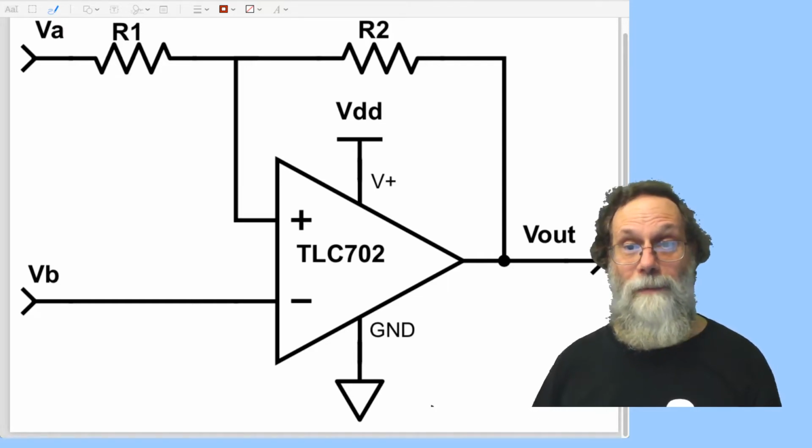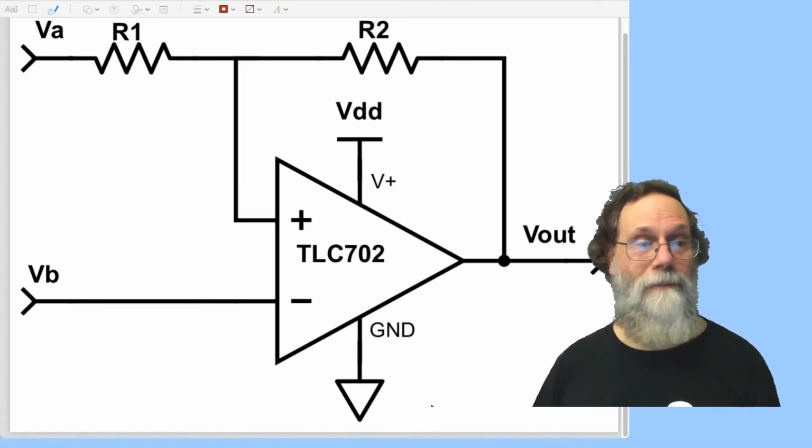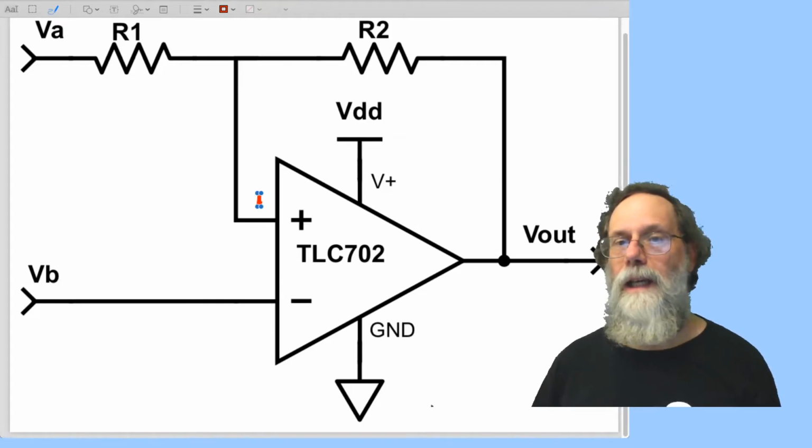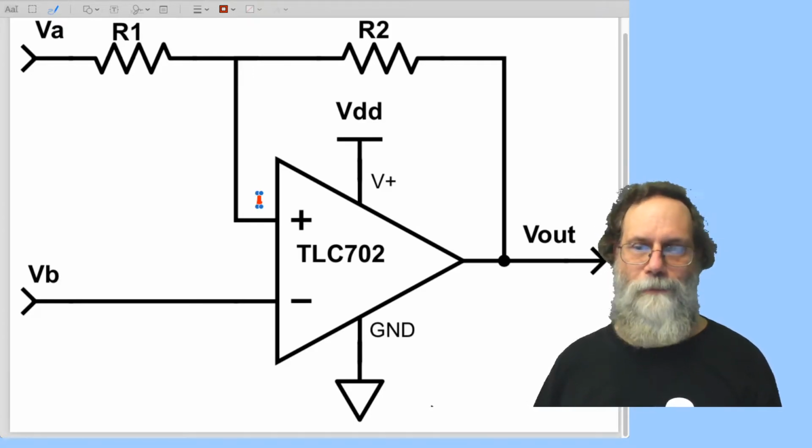Positive feedback here. Okay? When do we do that? Feedback right here. Positive. Well, we do that to make a Schmitt trigger.